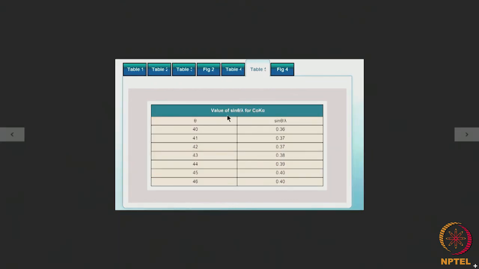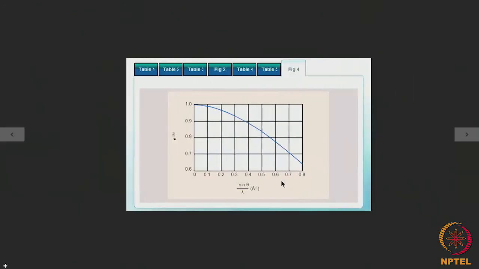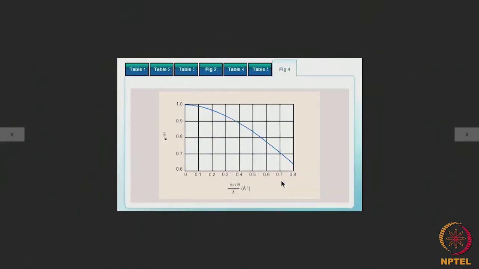We are using cobalt K alpha radiation in this particular case, and the wavelength is 1.7901 angstrom. Now, the value of sine theta by lambda is given here. This is theta. So, we find out the value of sine theta in each case divided by the lambda that is used. So, these are the values of sine theta by lambda, and here the temperature factor has been given as a function of sine theta by lambda.